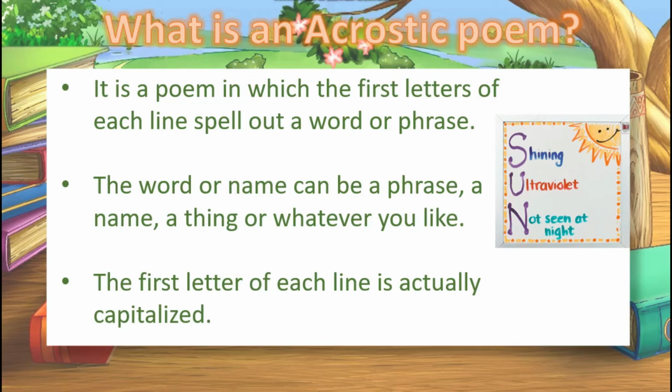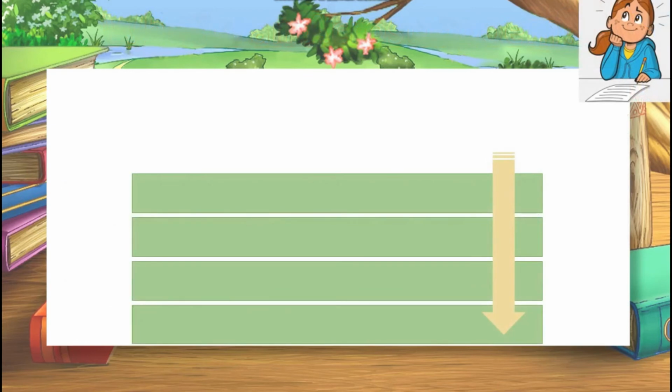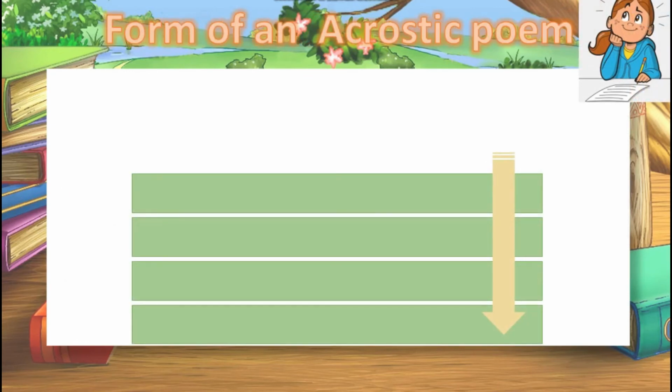Now, if I want to talk a bit about the form of acrostic poems, what can I say when speaking about the form? I have to tell you, it's not going to make your life hard. Trust me.